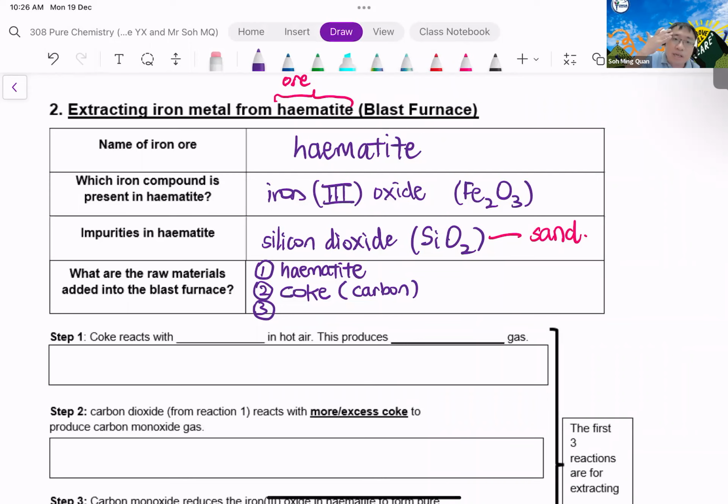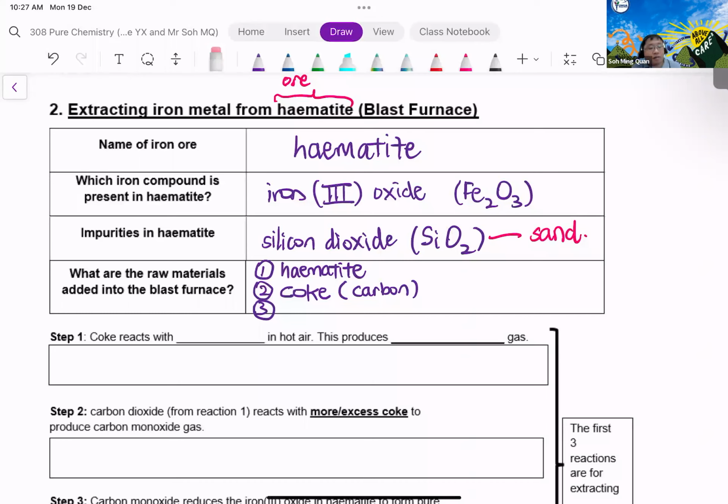Coke typically is like charcoal, but it's more finely powdered. So always write coke, don't write carbon, because carbon is too generic. You won't be adding diamond to extract iron, right? That's too expensive.